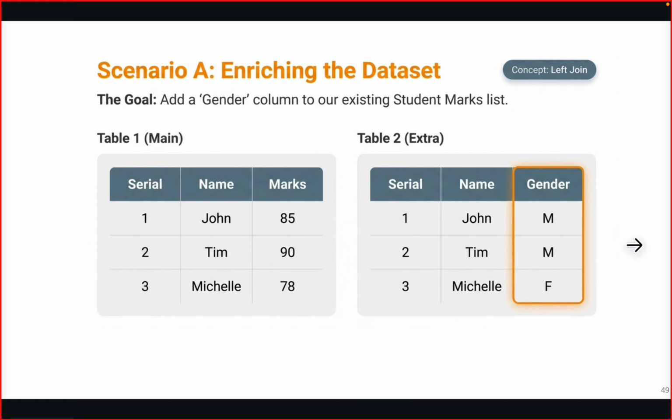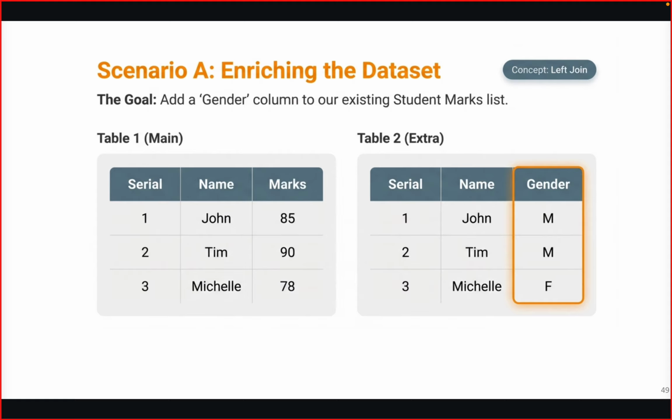You can see we have two tables on the screen. Left hand side equals main table. In the main table we have name, then we have marks. But I don't have gender on the left hand side, so I would like to add another table. On your right hand side is the extra table.